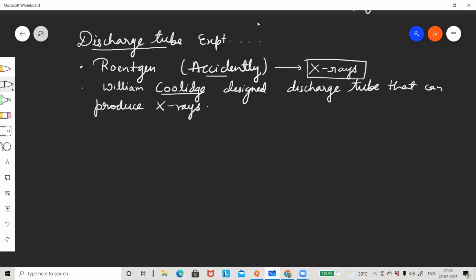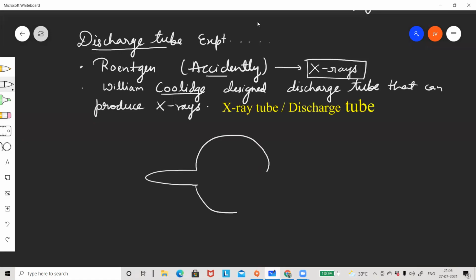So what does William Coolidge's discharge tube look like? It looks something like this, a sphere with cylindrical ends, and through one of the ends, a tungsten filament. When you study the electricity chapter in class 10th, you will know why filaments are made with tungsten only.